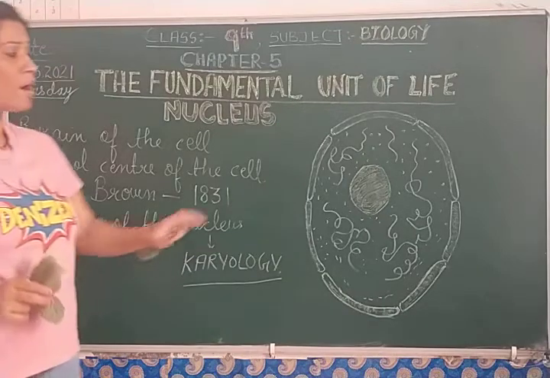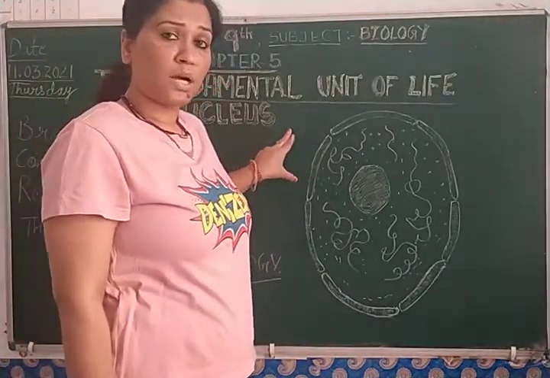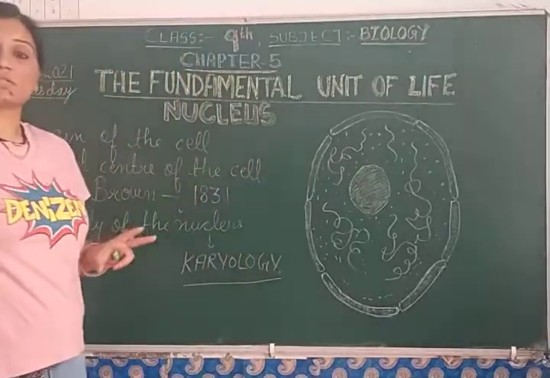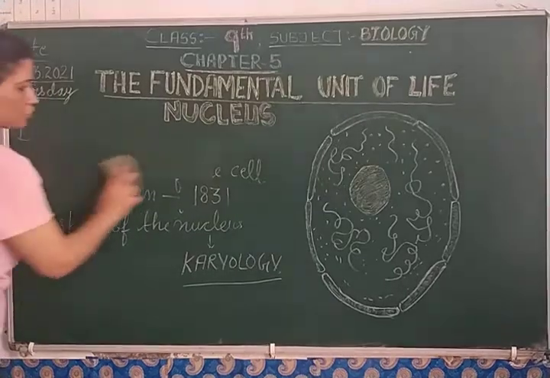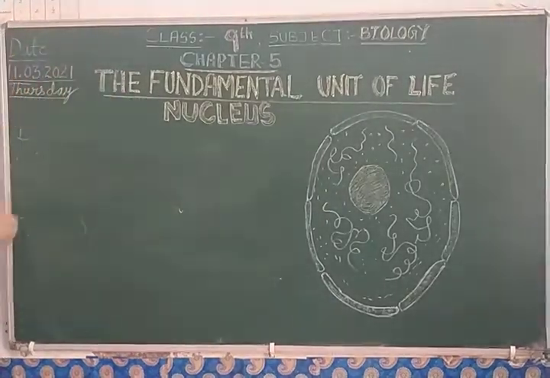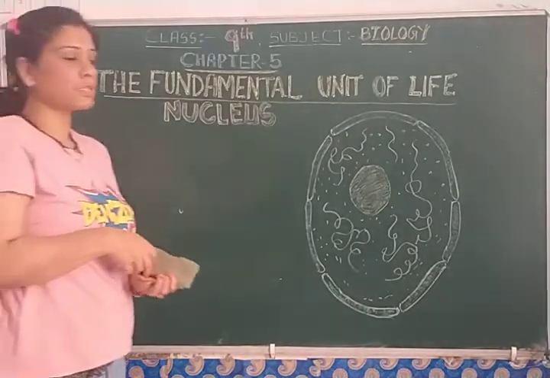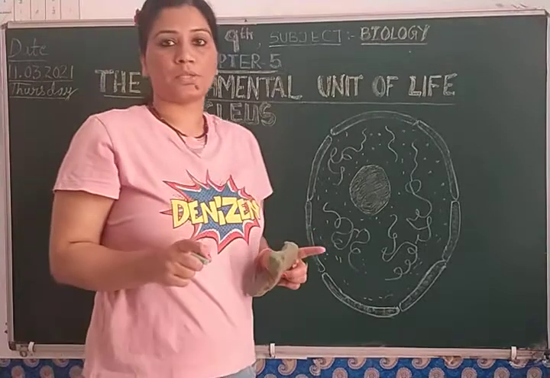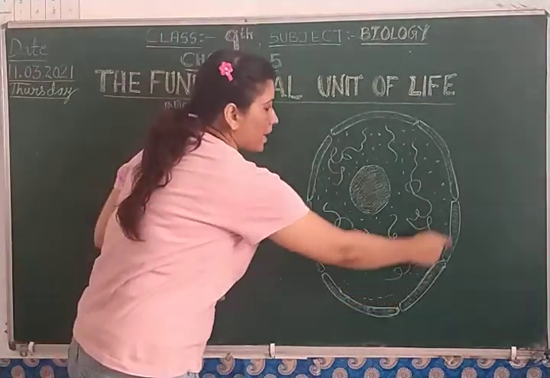Now, we will talk about the structure of the nucleus. There are many important parts of the nucleus, and we will discuss them one by one. Starting with the first main part of the nucleus, this outer membrane.